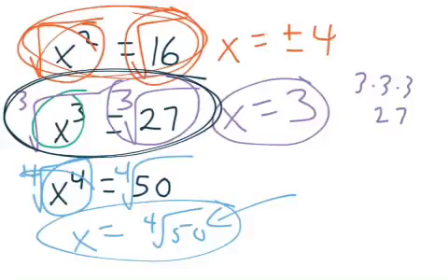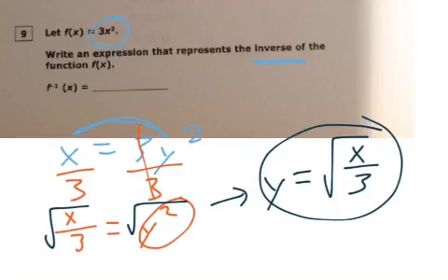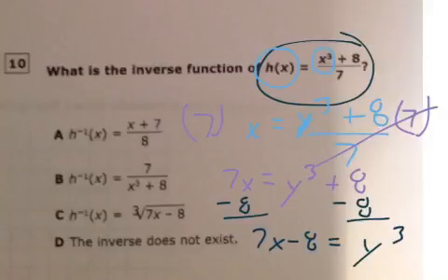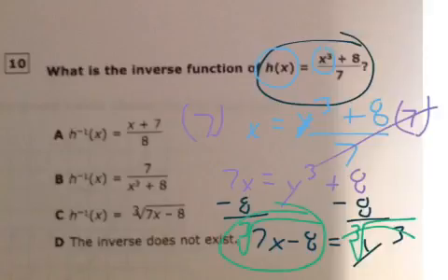We would do a cube root to get rid of a cube power, right? So with this y cubed here, let's go ahead and do a cube root on the y. And the cube root cancels out 3. So my inverse is simply right here, guys, the cube root of 7x minus 8.